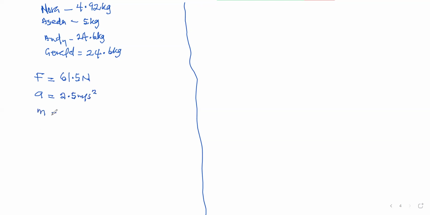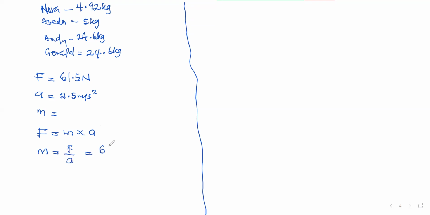This is a question which falls flat on the corridors of Newton's second law of motion. So F, applied force, is equal to mass times acceleration. m is F over a.